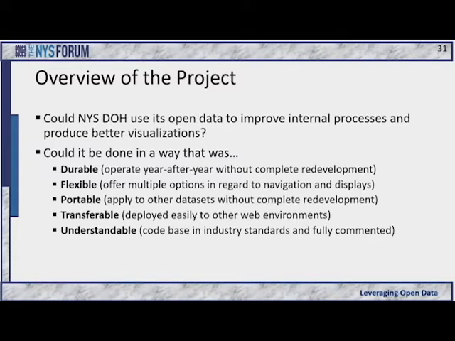Data was going to be the means to get to that end of improving their workflow. The example in Becky's presentation of going from 29 FOIL requests to 1 FOIL request demonstrates that kind of impetus. You want to make things better, not just produce pretty pictures, in other words.